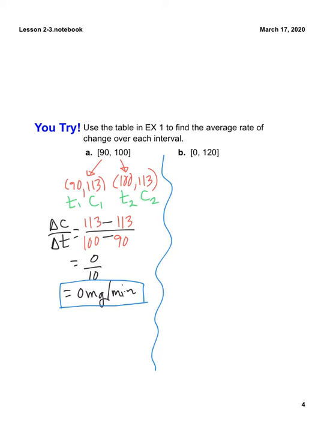All right, so then for this interval, from 0 time to 120, which is the overall time that we were looking at this patient. So we're going to start with 0, 0, and then the 120 pairs up with 68. So this is T sub 1, C sub 1, T sub 2, and C sub 2.